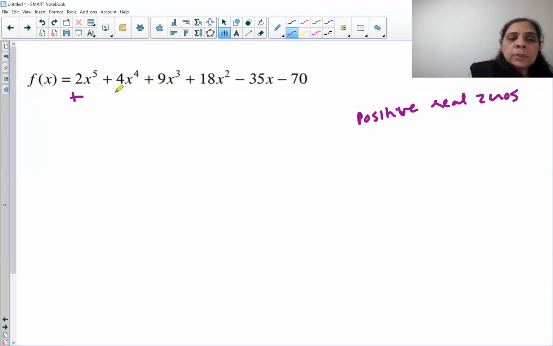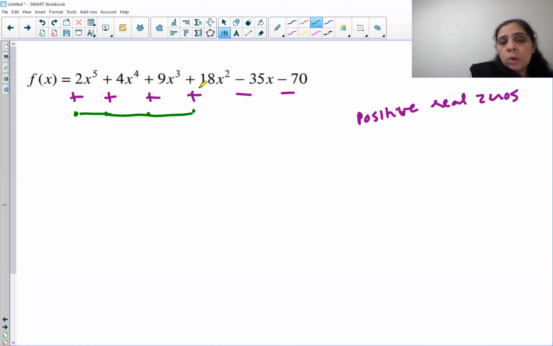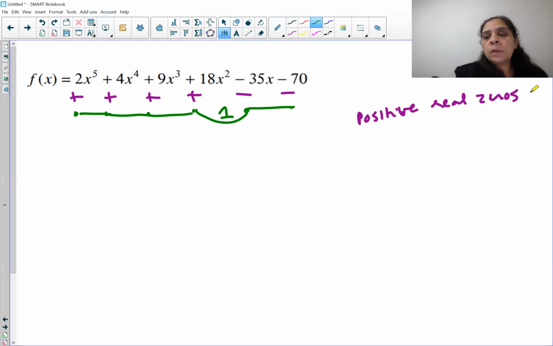The first term positive, positive, positive, positive, negative, negative. So we have to check how many times it changes. From first to second, does it change? No. From second to third change? No. Third to fourth change? No. Fourth to fifth? Yes, that is a change. And here, no. So we will get only one possible positive zero.